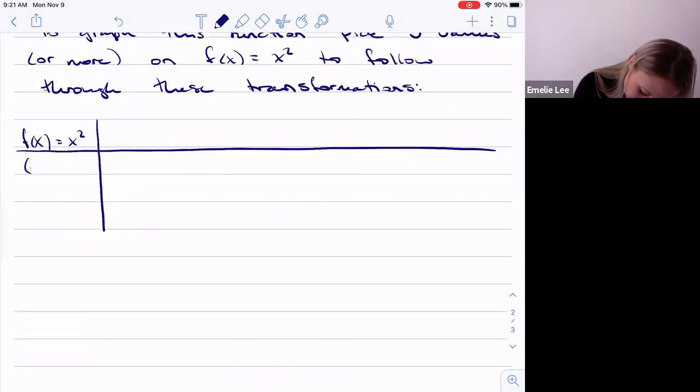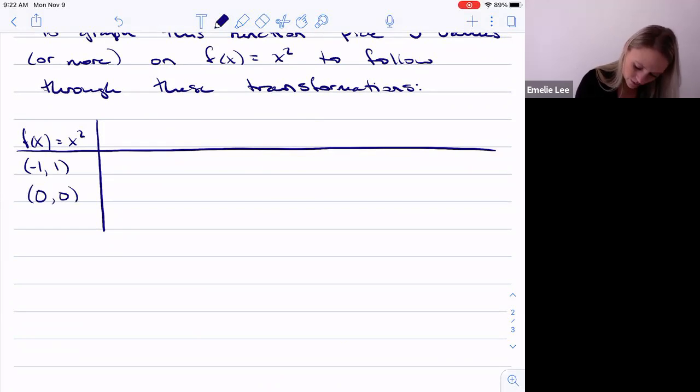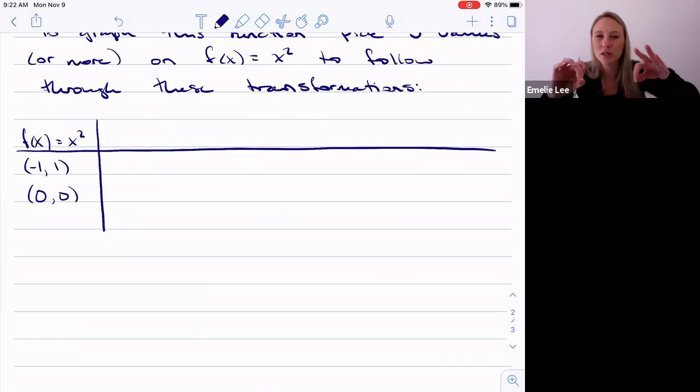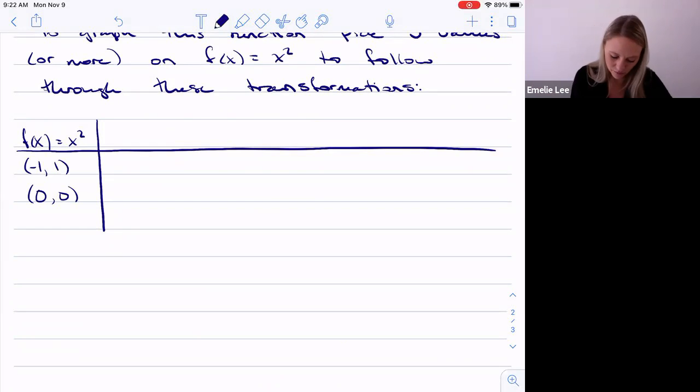If x is -1, -1 squared makes 1. 0 squared is 0, which makes sense because you start at the origin and then this default parabola blooms up. And if x is positive 1, then x squared is also 1.